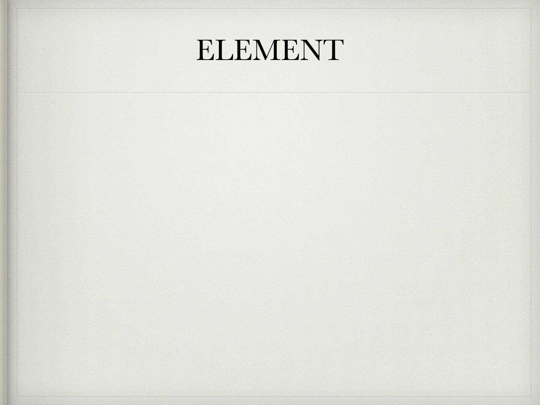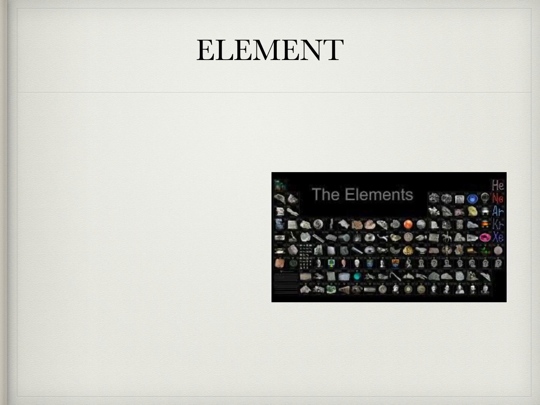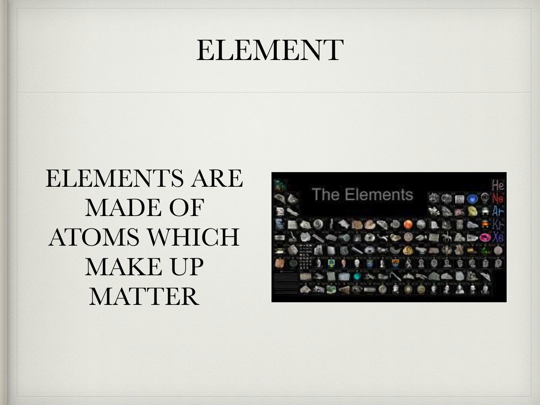The next word that we're going to talk about is elements. Hopefully you've heard about a periodic table of elements somewhere in your life. There's one in the classroom on the back cabinets. And elements are made of atoms, and these atoms make up matter. If you remember when I read the standard to you yesterday, it talked about there's over 100 elements, slightly over 100 elements in the world.